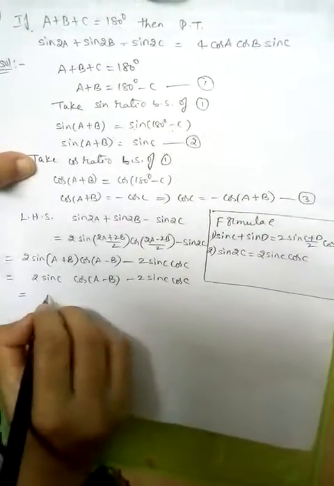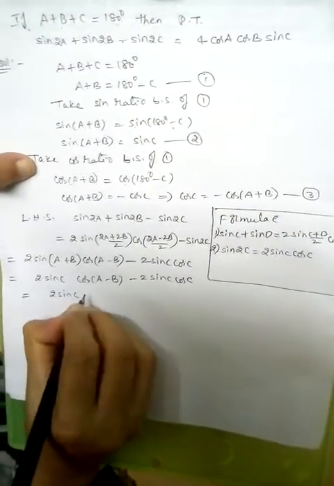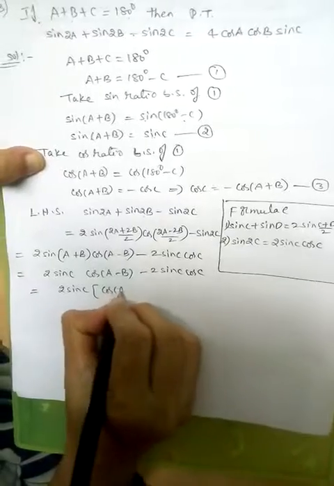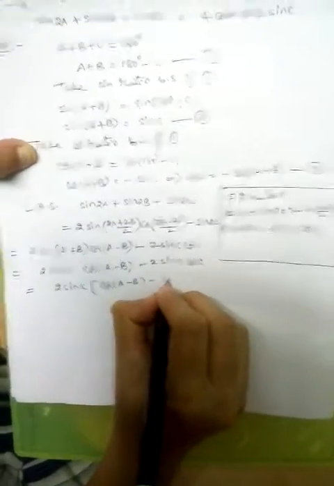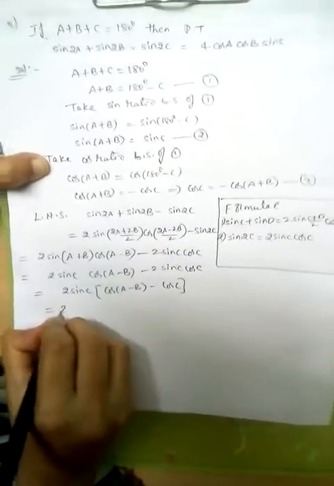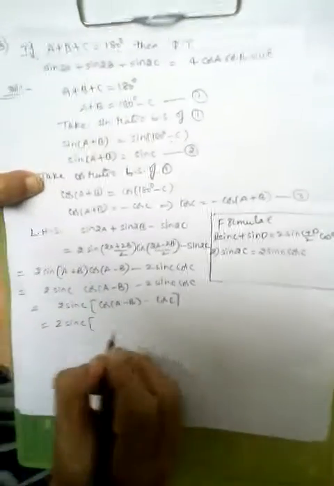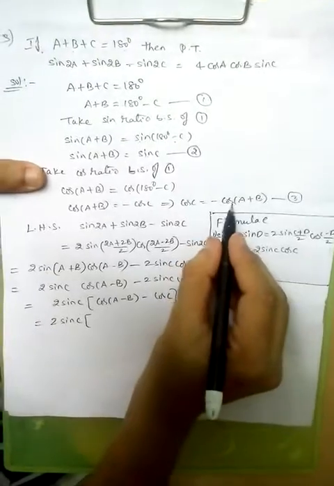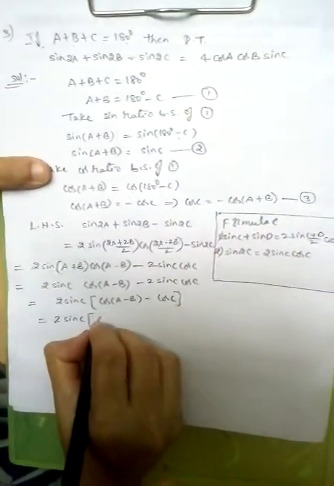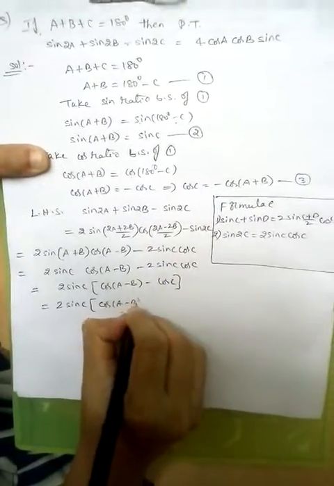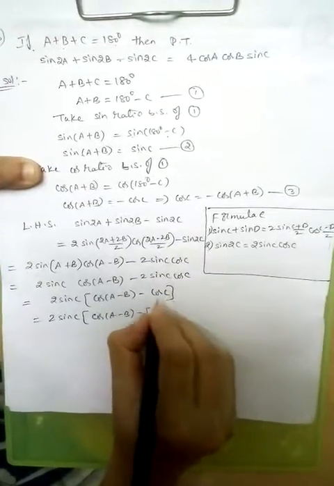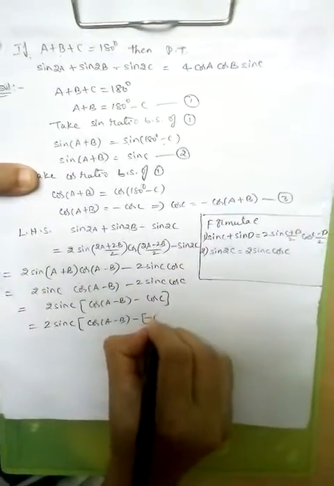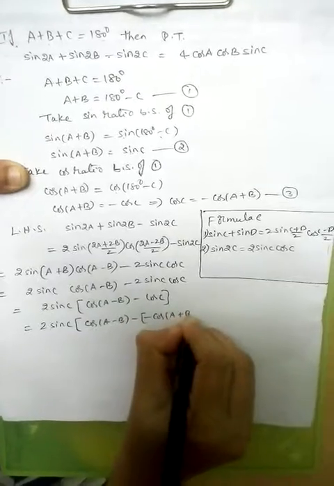which is equal to, here and here we can take the 2 sin c as common. Then cos (a minus b) minus cos c. Now 2 sin c into, so in place of cos c, I will write minus of cos (a plus b), cos (a minus b) minus into, in place of cos c, I will write minus of cos (a plus b).